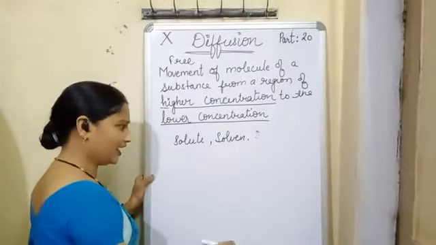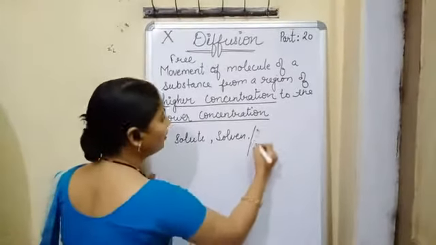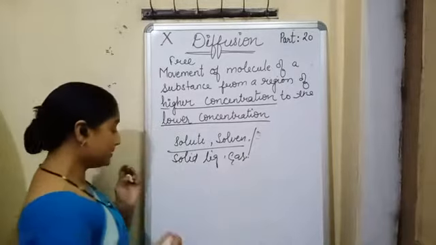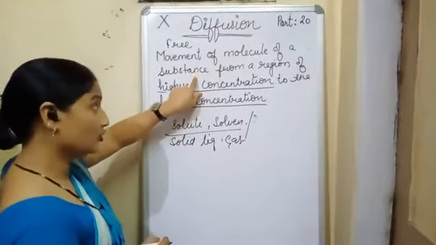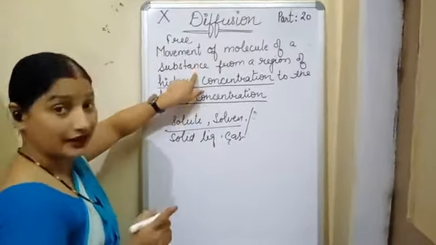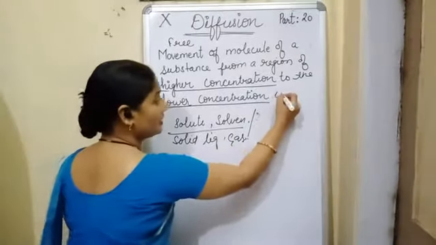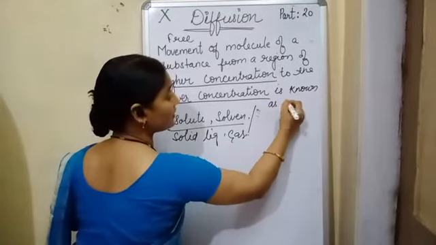We can say that solid, liquid and gas, all the three substances. Now see, free movement of molecules of a solid, liquid or gas from a region of higher concentration to the region of lower concentration is known as diffusion.